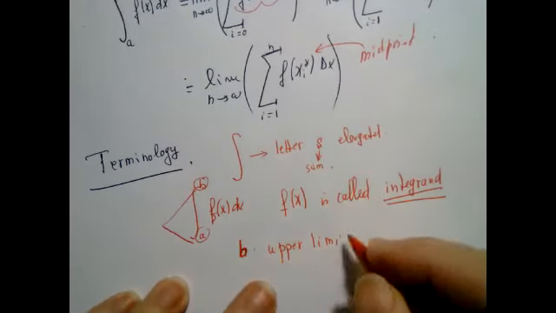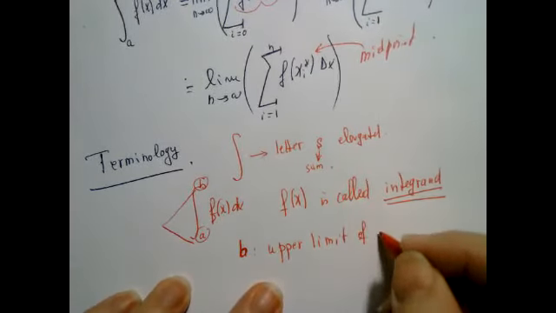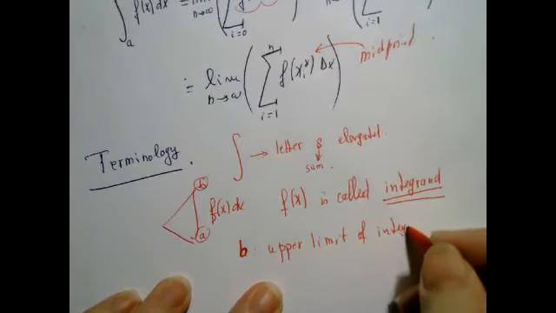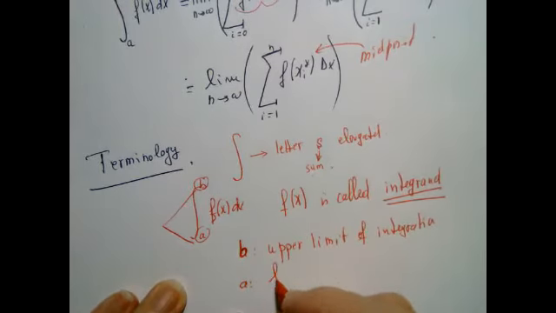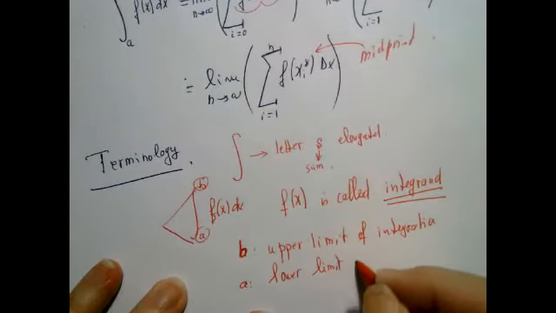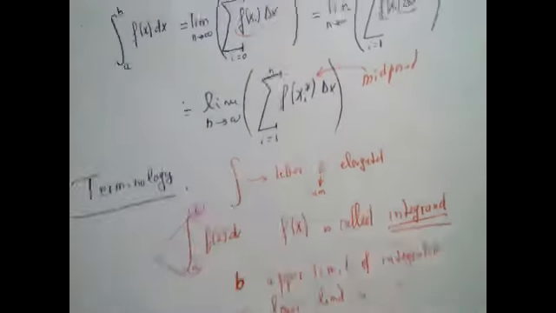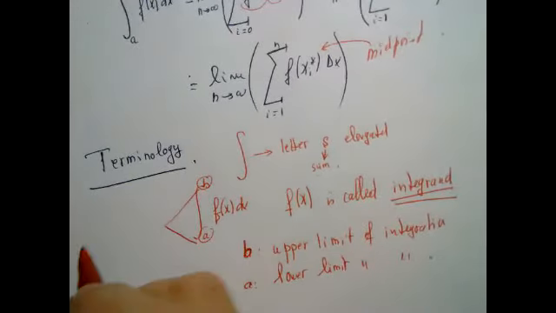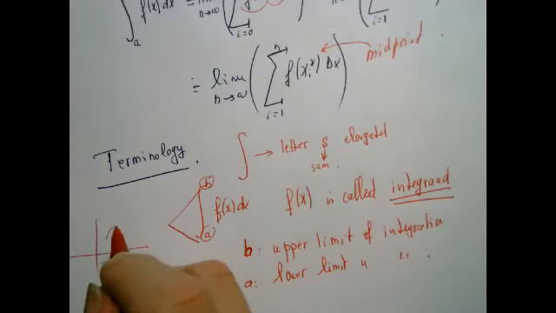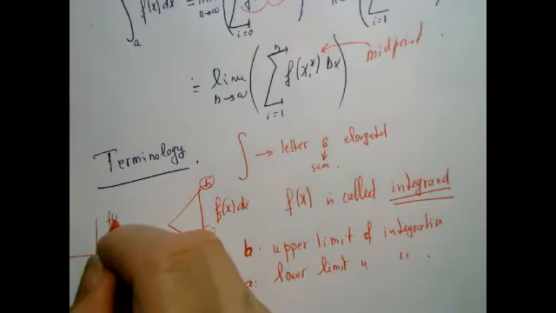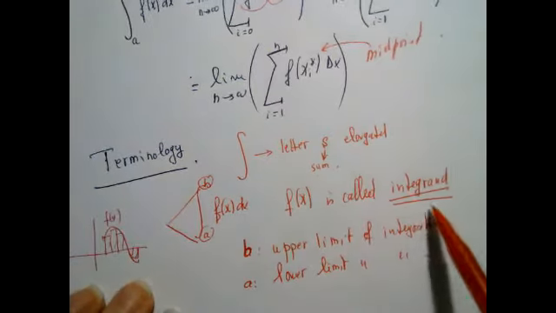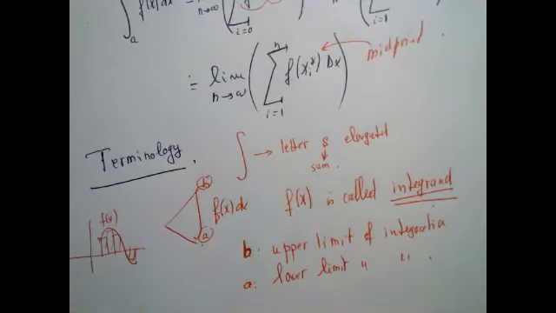B is called the upper limit of integration, and a is called the lower limit of integration. So f is called the integrand. It means that's the function that I'm computing its left sum and its right sum. That's my f. It's called the integrand, and then the upper and the lower limits.